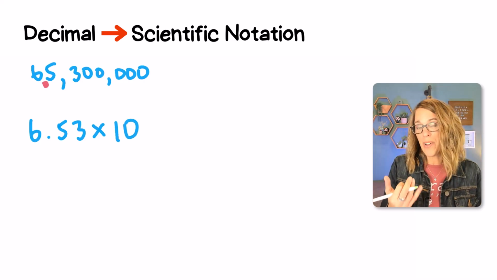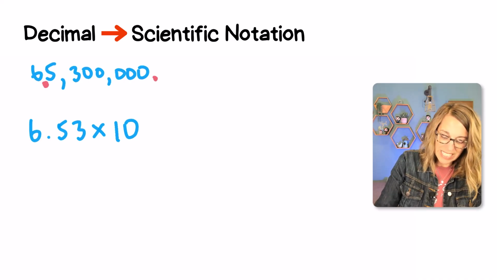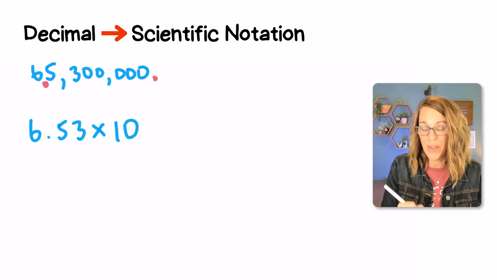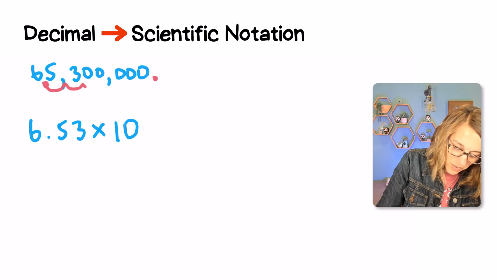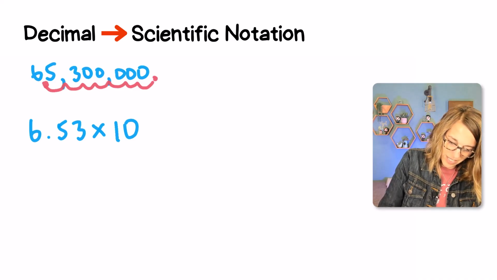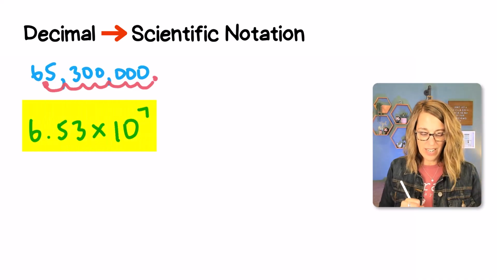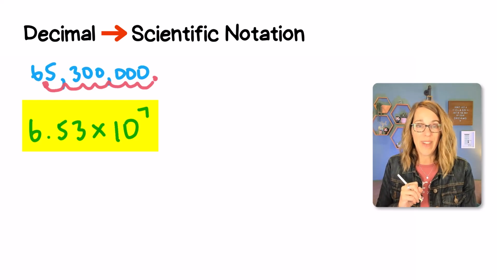Now I've got to count the number of decimal places to get me to the decimal that lives in my original number. So that's going to give me 1, 2, 3, 4, 5, 6, 7. I hope I counted that right. 6.53 times 10 to the 7th, and I absolutely did count that one right.